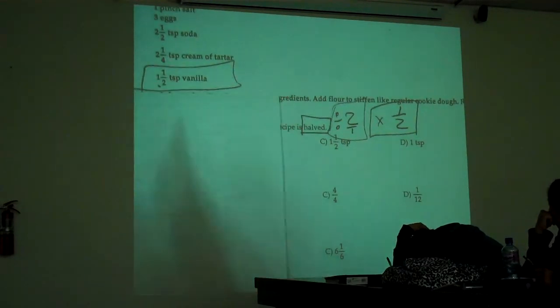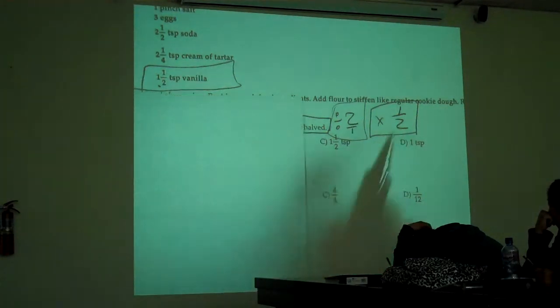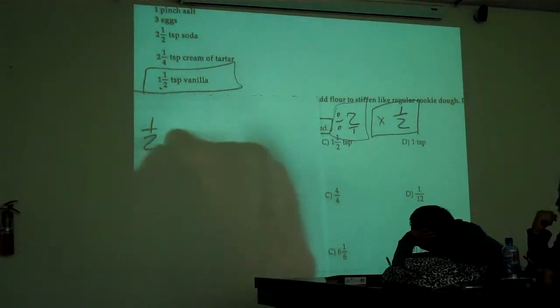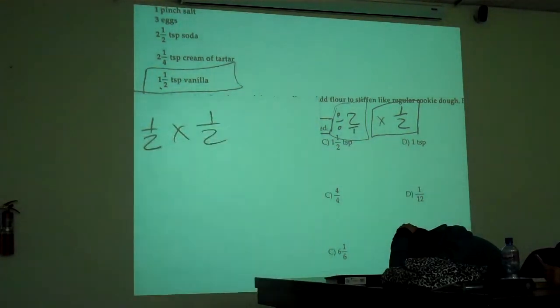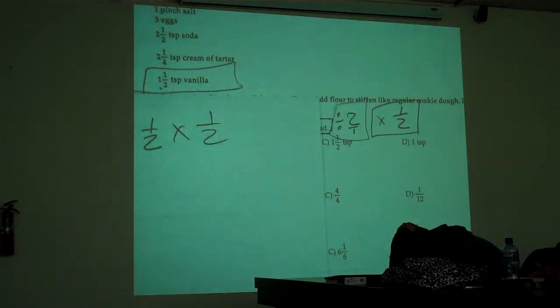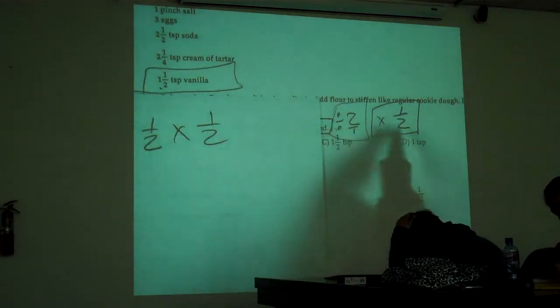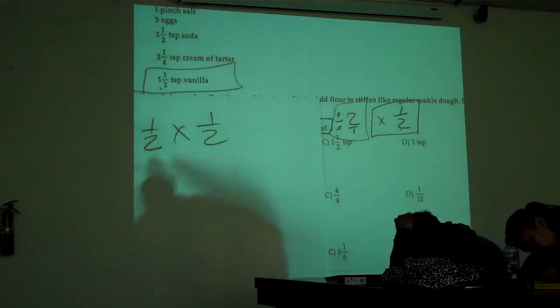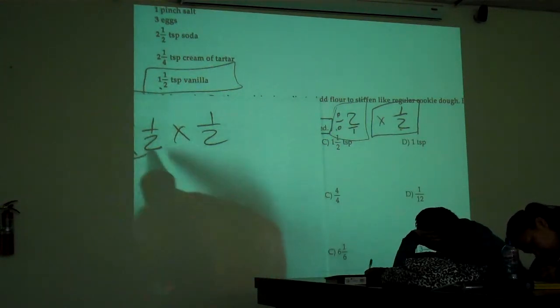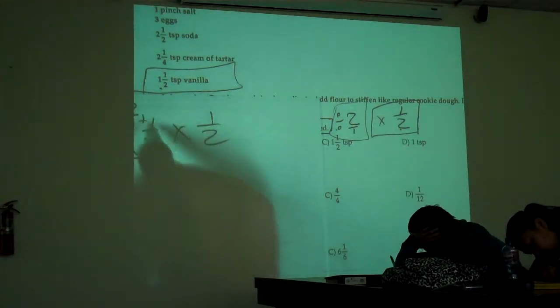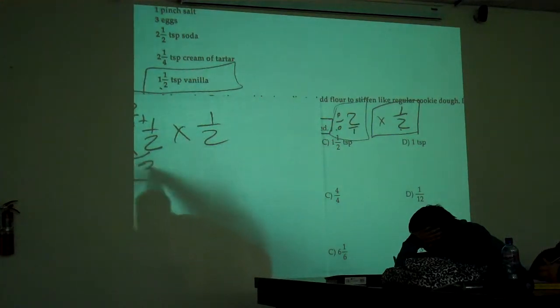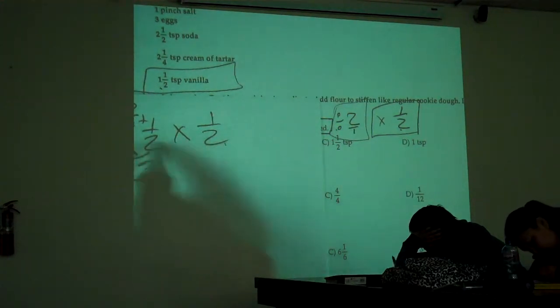So 1 1/2 teaspoons, we want to half it. So 1 1/2 times a half. Dividing it by 2 or timesing it by a half. Same thing. Okay, 2 times 1 is 2 plus 1, 3 on top, right? The 2 stays on the bottom.